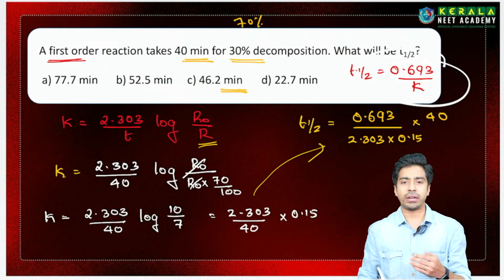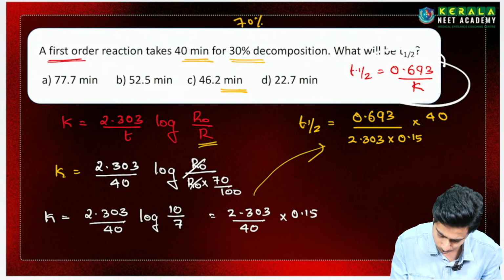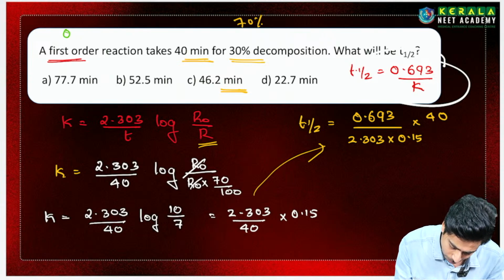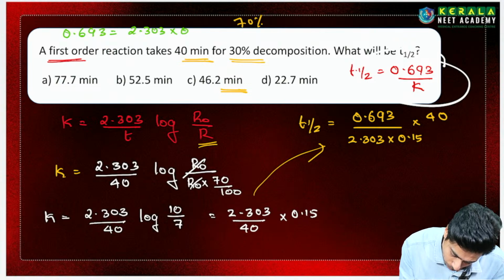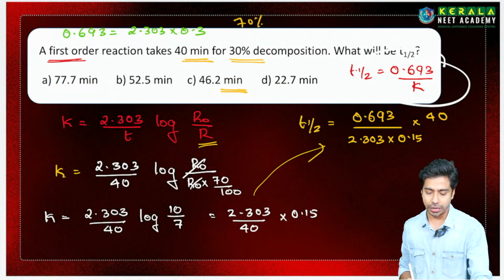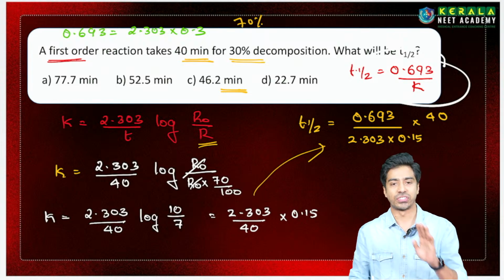And remember, I'll give you one more trick in the calculation: 0.693 means 2.303 into 0.3. 2.303 into 0.3 will be equal to 0.693.